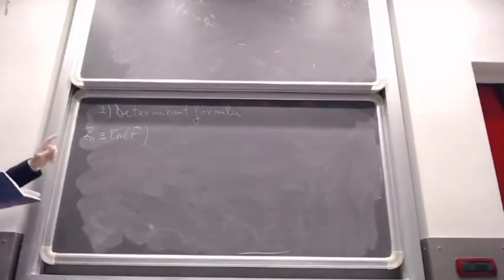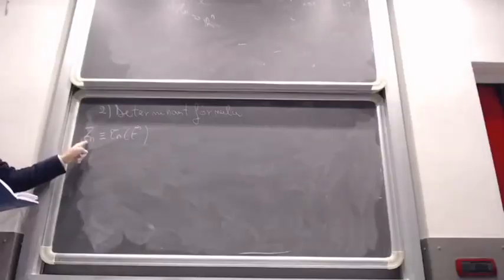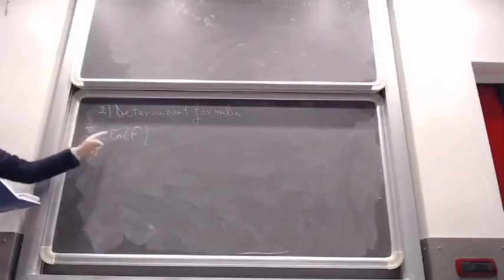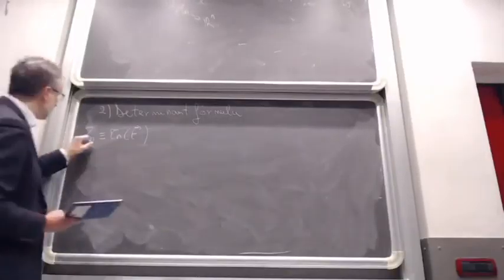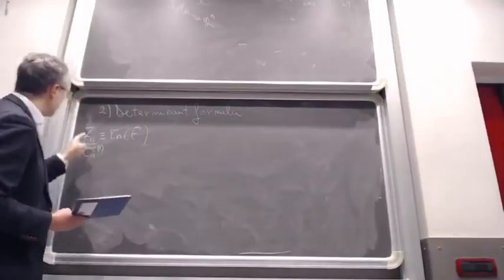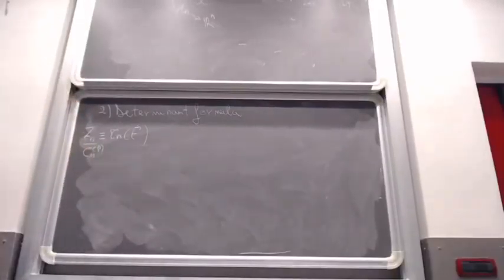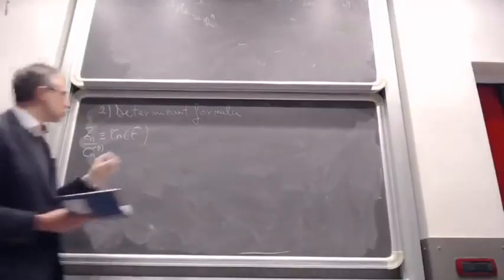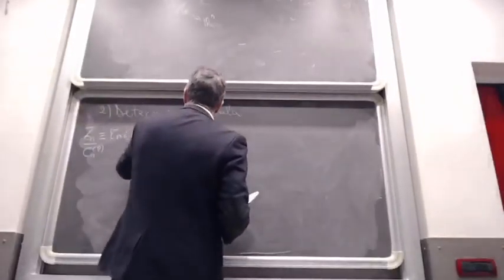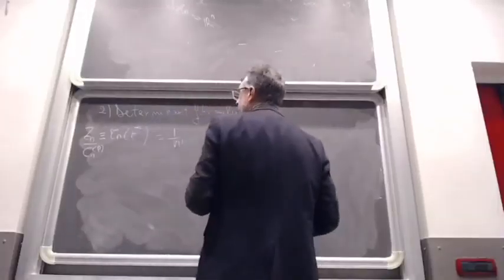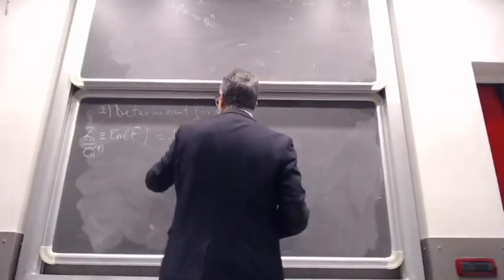So I will use the tau function instead of Z, but I will do this up to a constant. So I will call tau the partition function divided by the constant from an integration over the non-diagonal degrees of freedom.